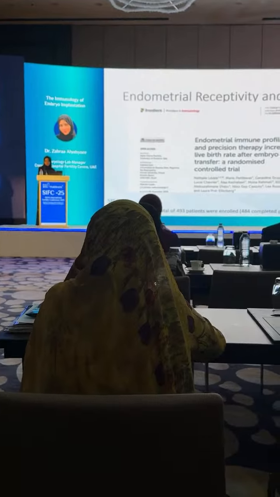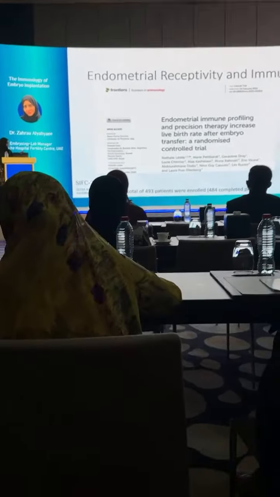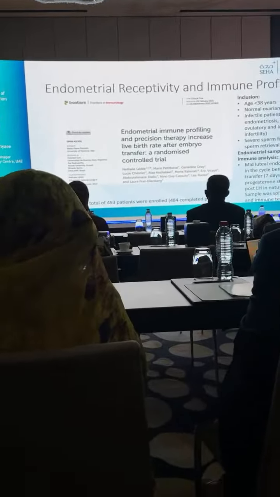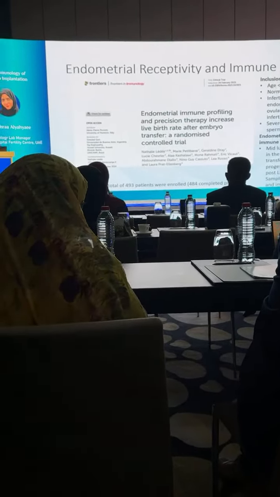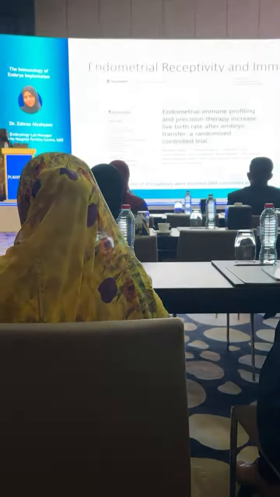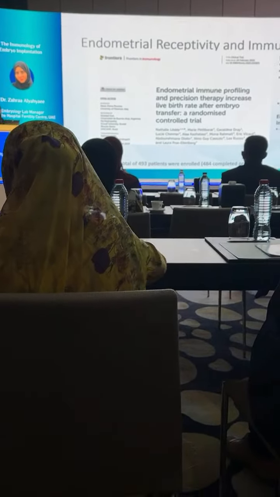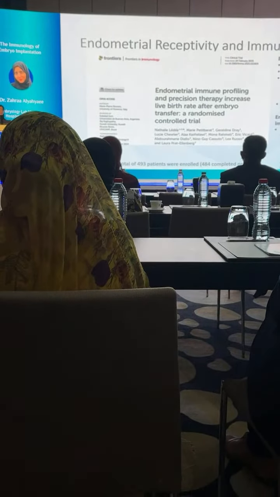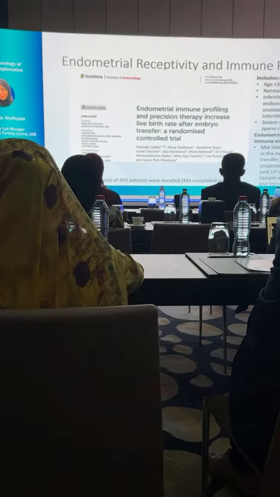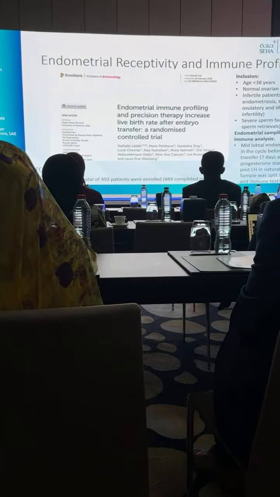Now, one very interesting study that has been published very recently has profiled patients' receptivity based on their immune profile.